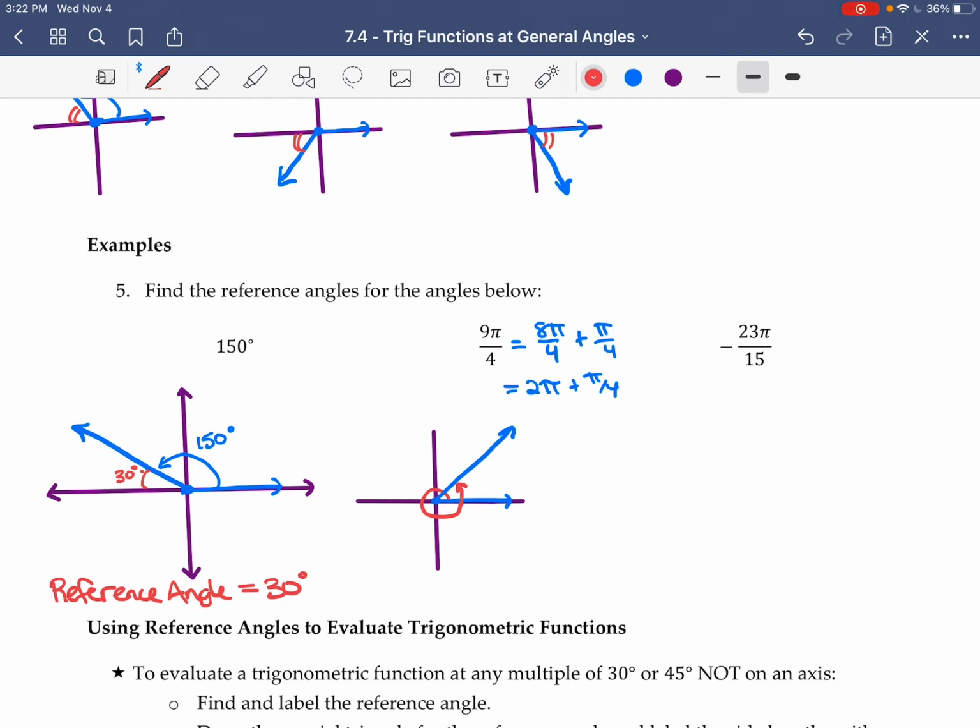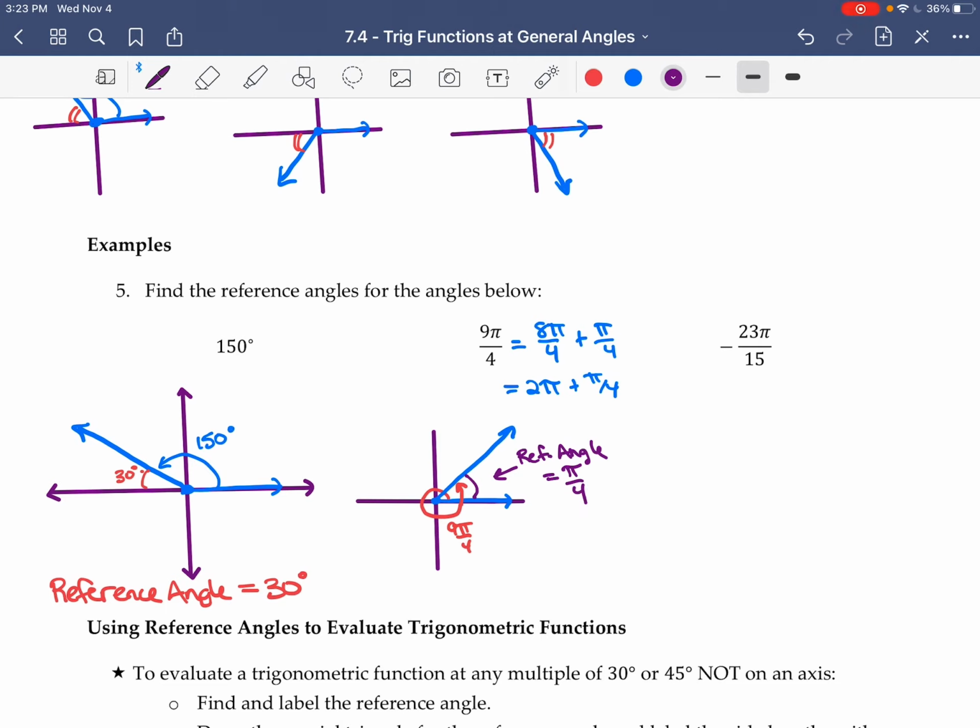So 9 pi by 4 is that angle there. And you could count as well. If you break it up into slices, the top has 4 and the bottom has 4. So going all the way around is 8 steps, and then we want one more step. So that means this is our reference angle, and it's pi by 4, or 45 degrees.